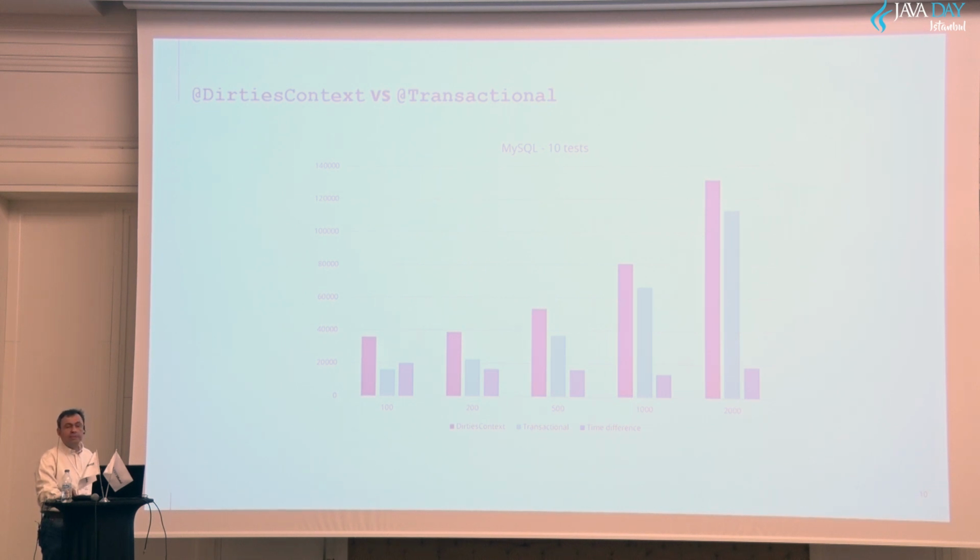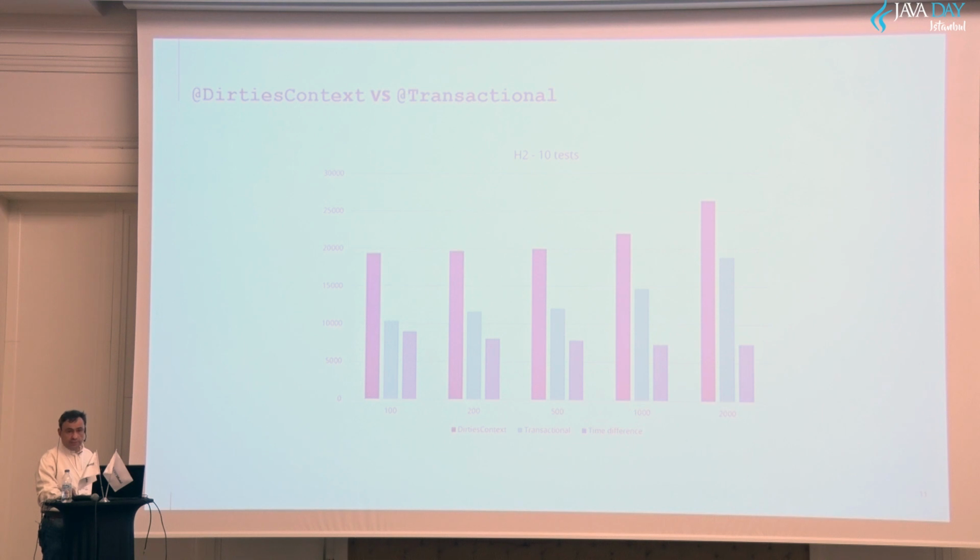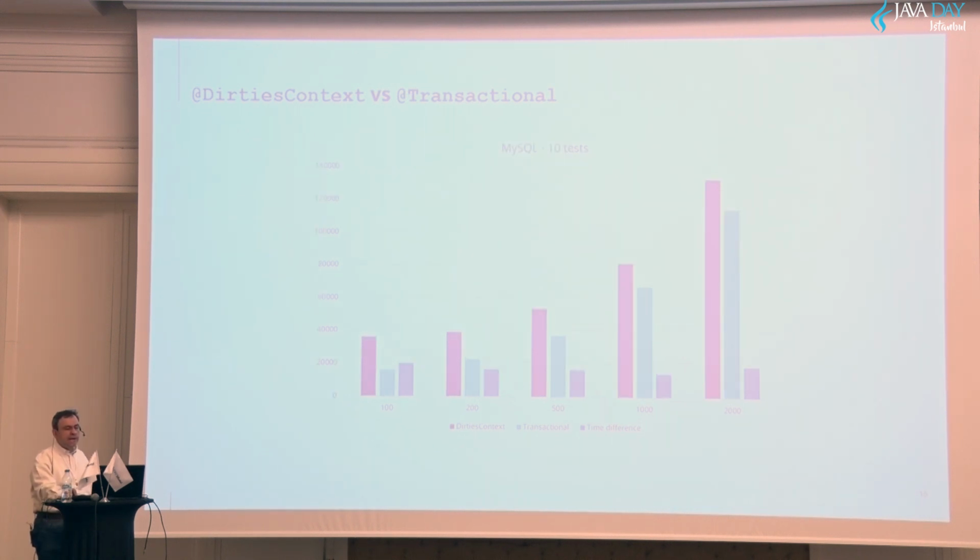is approximately constant. So this is the difference between the time execution with MySQL and the time execution with H2. And it is pretty constant from 100 rows to 2,000 rows. Why?